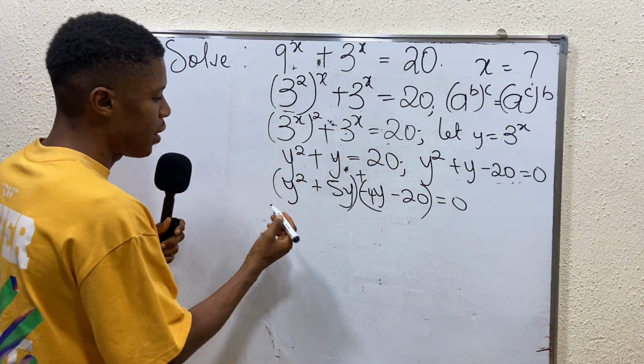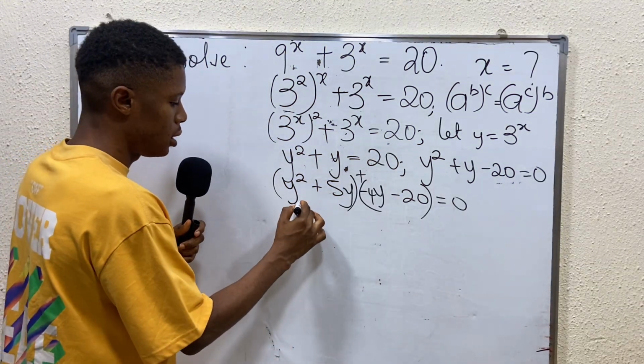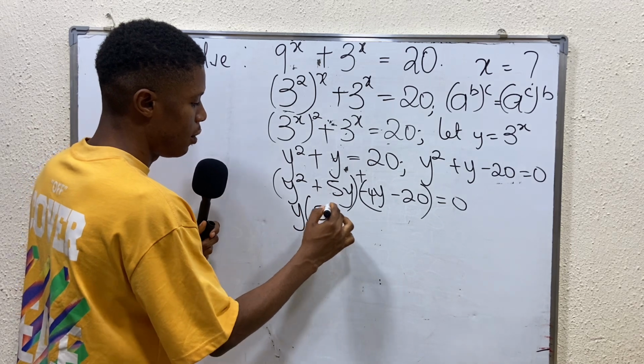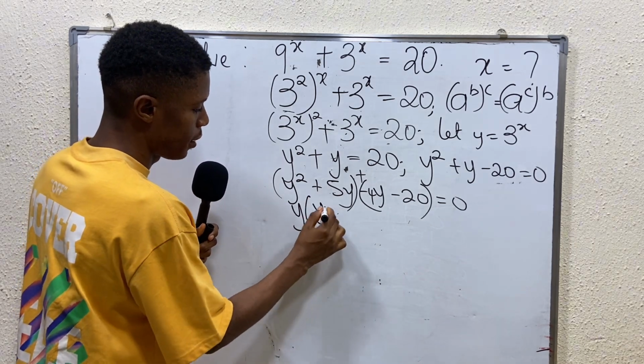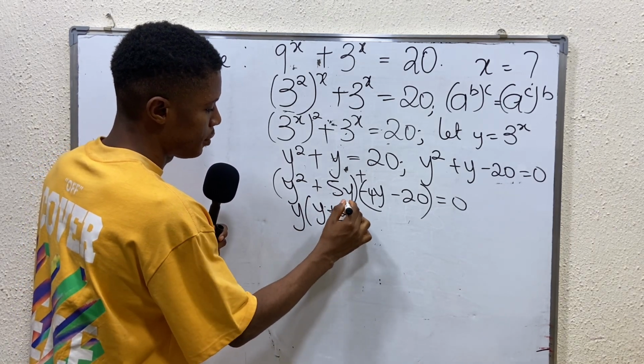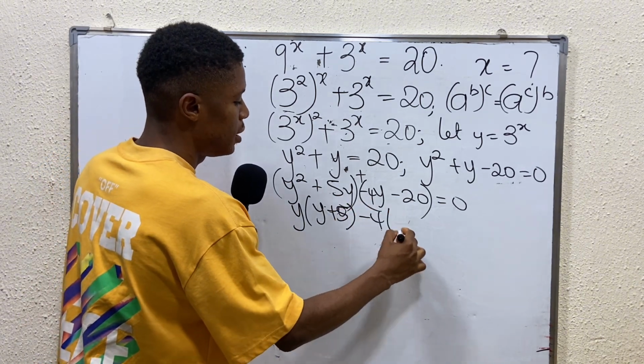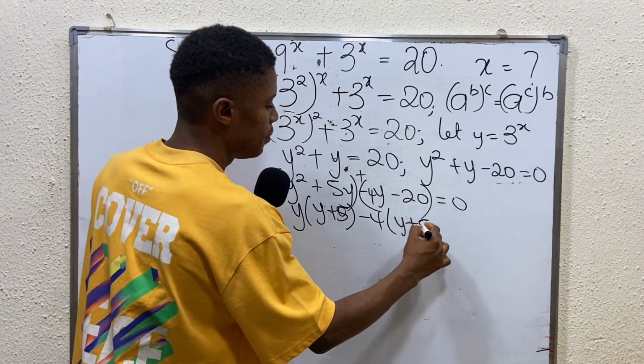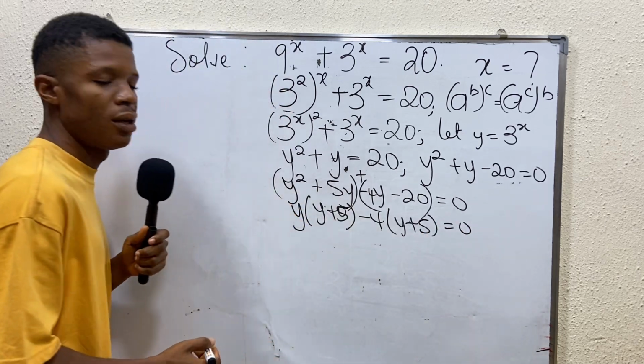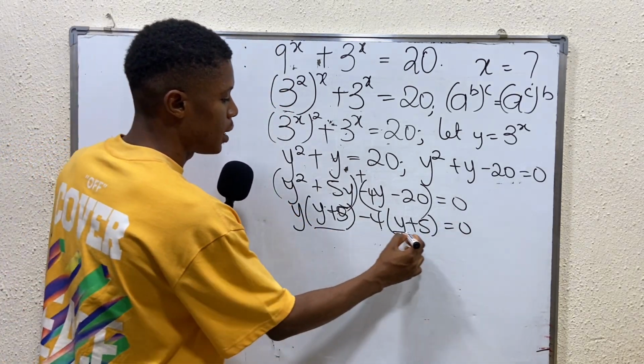So here we'll factor the common term, which is y, then y into y plus 5, then factor the common term here, minus 4. Minus 4 into y plus 5, and that's 0. You can now see that these two brackets are the same.